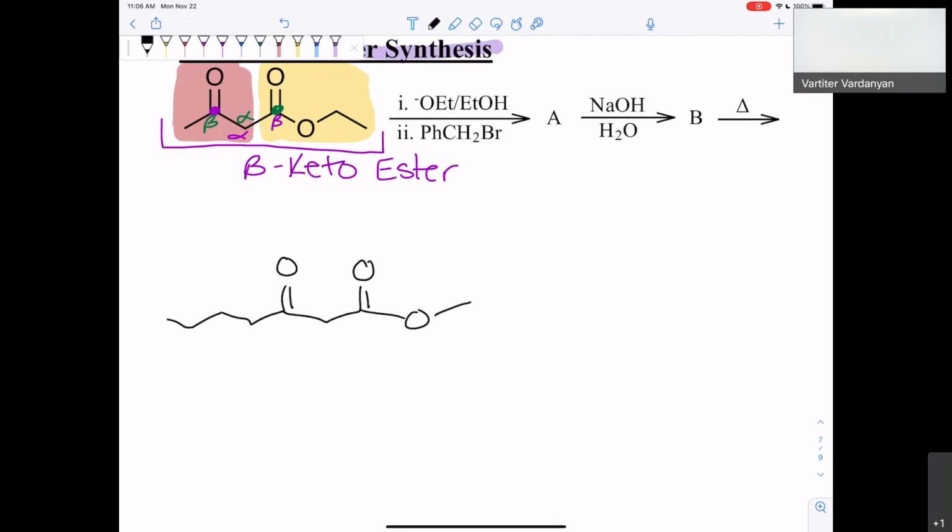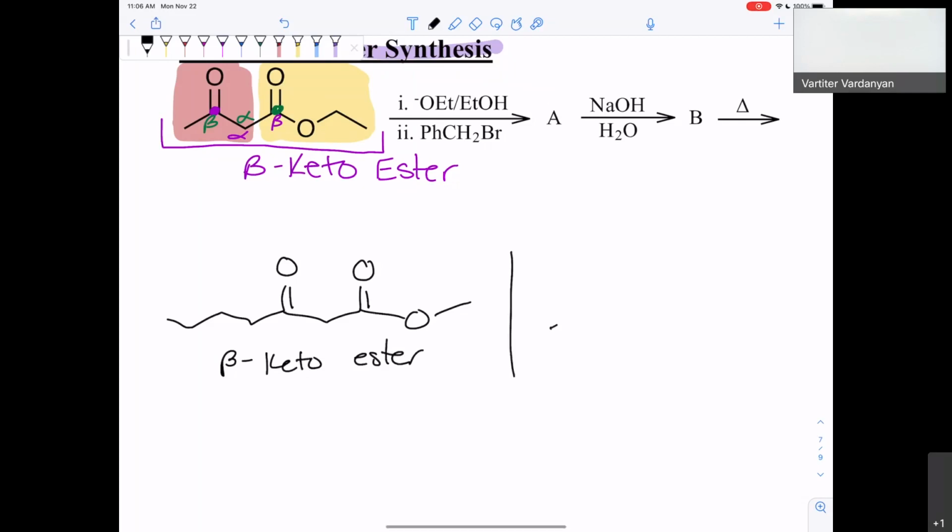And one of the answer choices is acetoacetic ester, and the other one is beta keto ester. So this guy is just a beta keto ester. There's no more specific, better word for this.